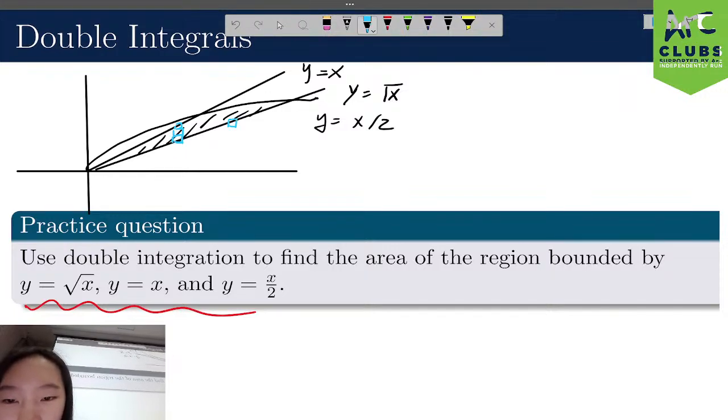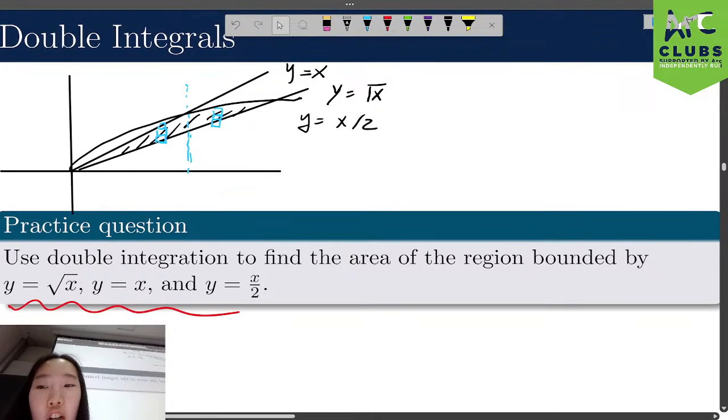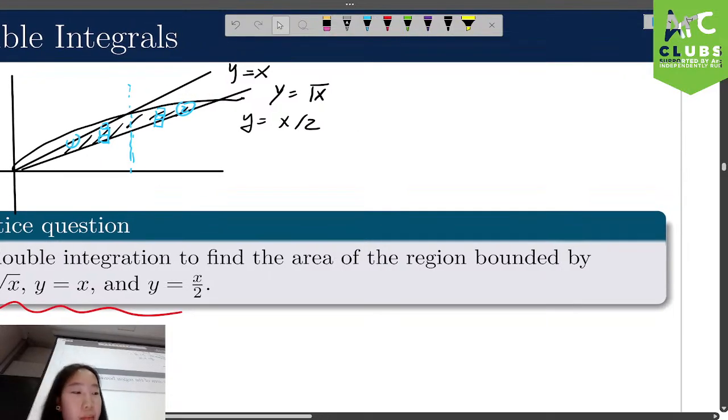But in this other scenario, it's bounded by the square root of x. It's bounded by two different functions. So we need to break the region into two parts, find the integral with respect to those two areas, 1 and 2, and add them up at the end.